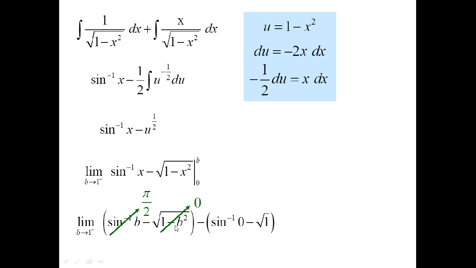That square root term is going to go to 0 as we take the limit. And then the inverse sine of 0 is going to be 0. And we end up with negative square root of 1. So we end up with pi over 2 minus a negative square root of 1, which is giving us a plus 1.